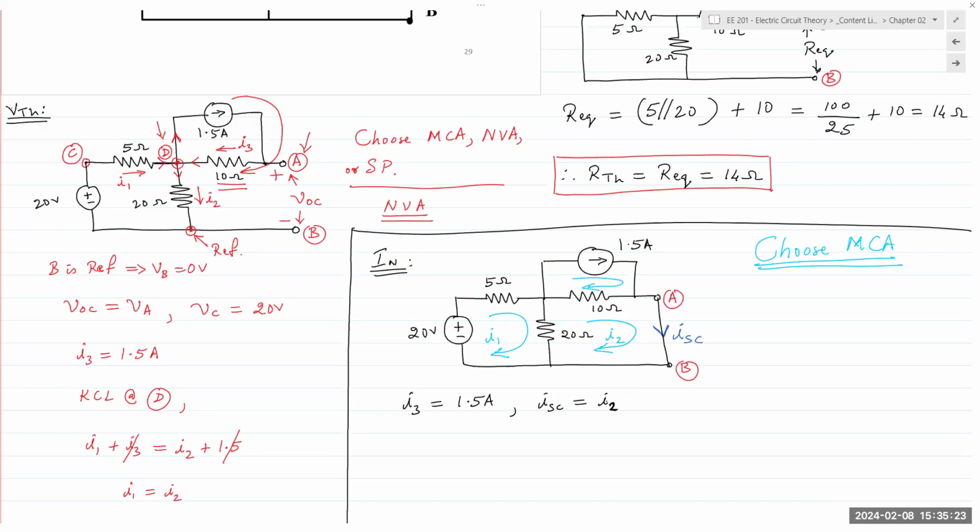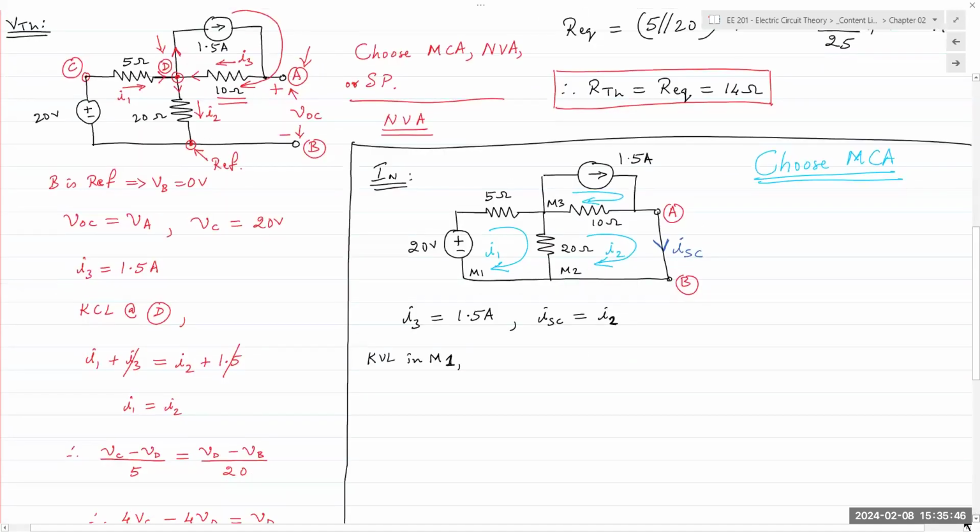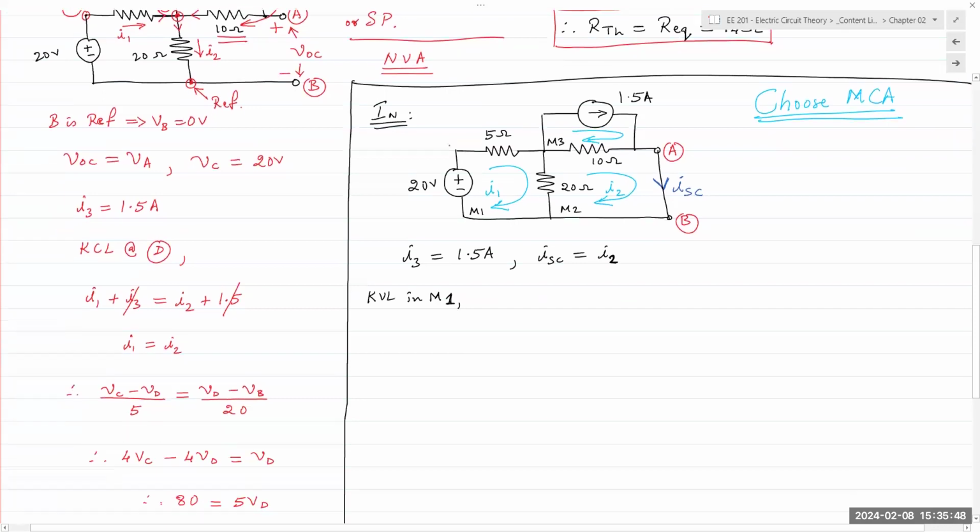All right. Okay, so let's apply KVL in mesh 1. It's mesh 1, mesh 2, and mesh 3. If I apply KVL in mesh 1, I can see I have three quantities. I have the 20-volt source, I have the 5-ohm resistor, and I have the 20-ohm resistor.